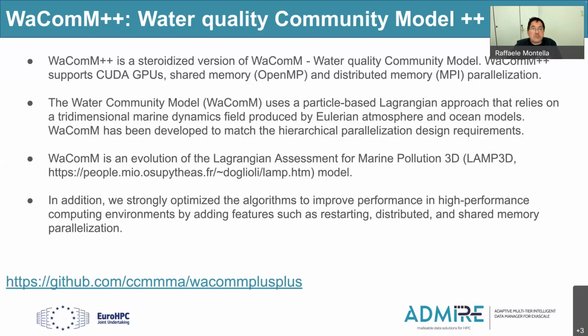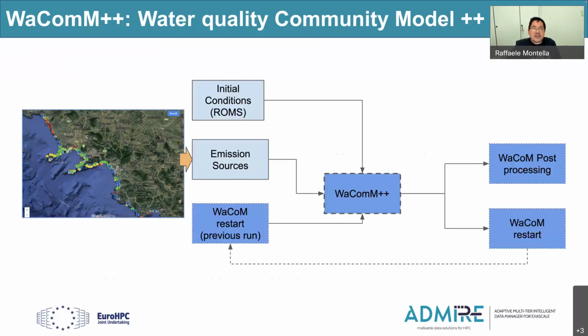Basically, the problem is divided among processors, threads, and GPUs. The model, of course, is open source. Part of the model was developed under the Admire project.